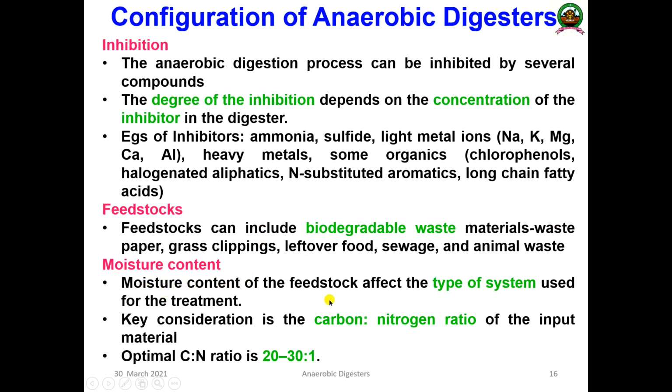The moisture content of the feedstock affects the type of system which is utilized for the treatment. Along with the moisture, the carbon to nitrogen ratio is also very, very important. The optimal carbon to nitrogen ratio is 20 to 30 to 1, with 1 being the nitrogen content.